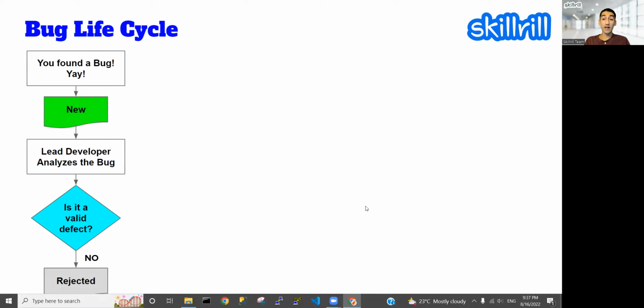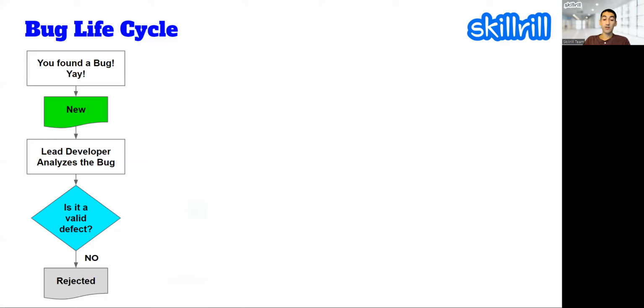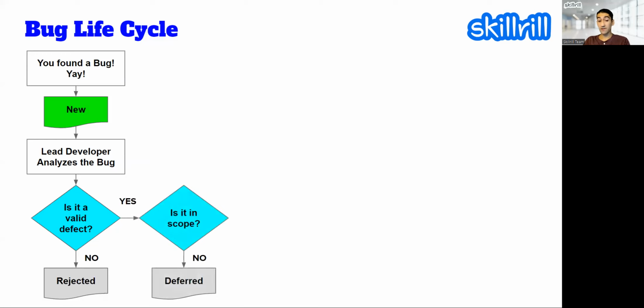So if it's not a valid defect, right? Sometimes it's not a valid defect. Maybe the tester's understanding of the requirement was wrong, and they're sure that this is how the application is supposed to work. They just reject it, right? And there's a whole different conversation that goes on whenever it's rejected. But if it is a valid defect, then another question to be asked here is, is it in scope?